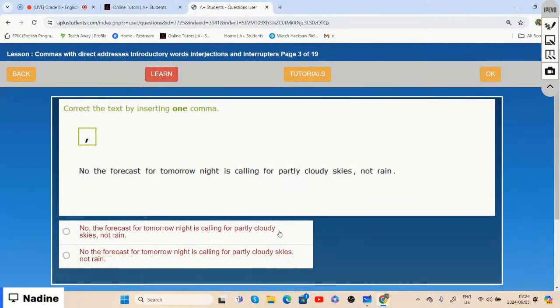Is it option one, which is no, comma, the forecast for tomorrow night is calling for partly cloudy skies, not rain? Or is it option two, which is no, the forecast for tomorrow night is calling for partly cloudy skies, comma, not rain? So we need to choose either option one or option two.